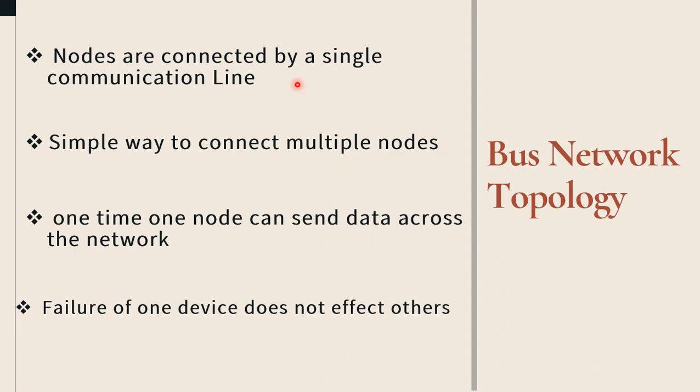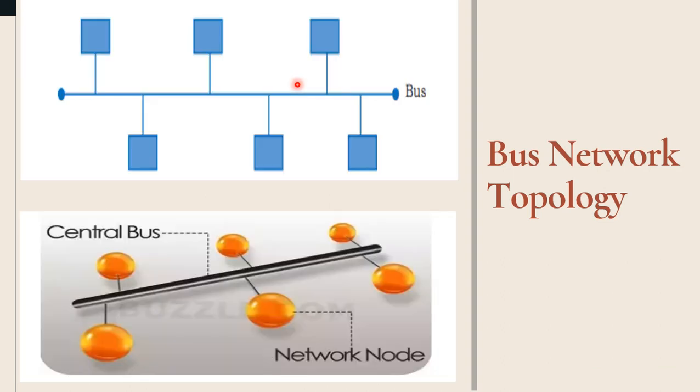Then, in our earlier lecture, while explaining the various types of network topology, I explained the very first type, that is bus network topology. With the help of this diagram, this picture, I explained what the bus network topology is, what its advantages are, and what some disadvantages are.